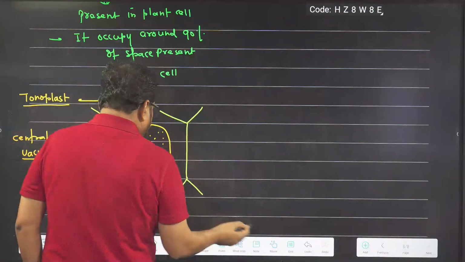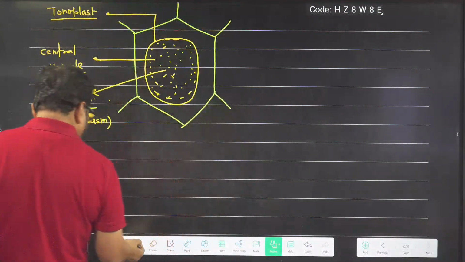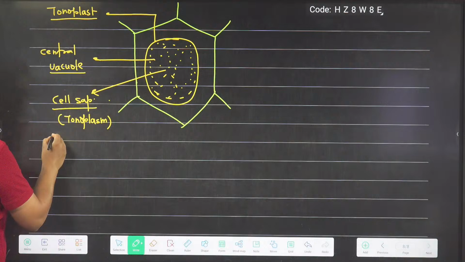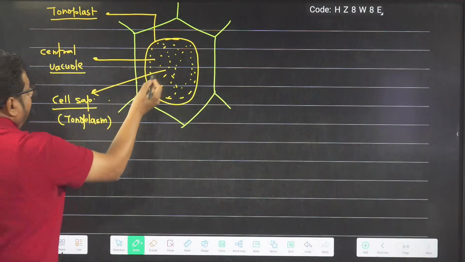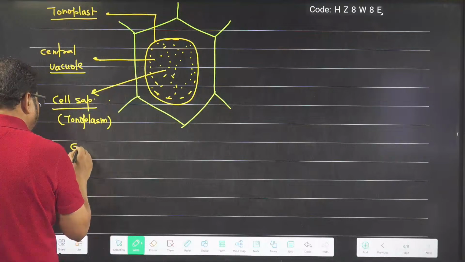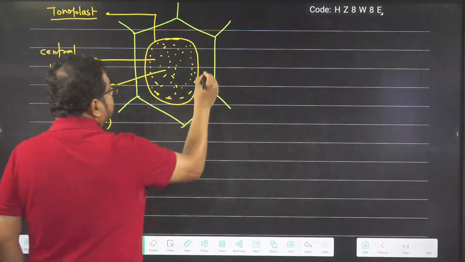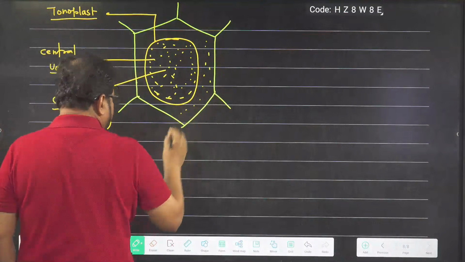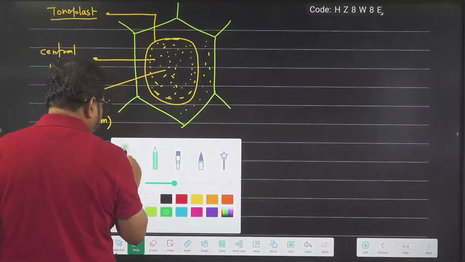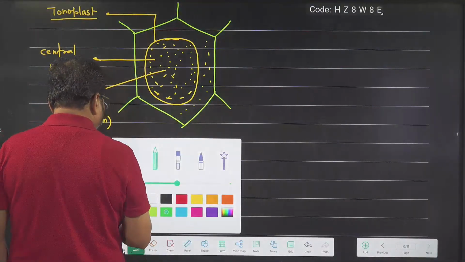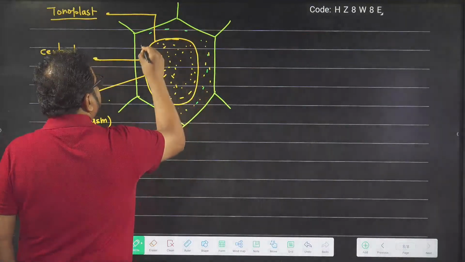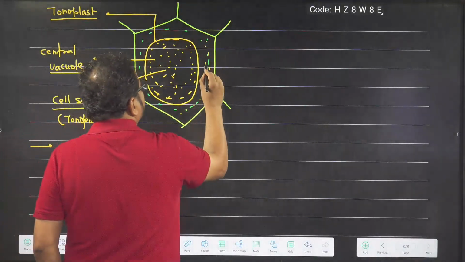Got the idea? So what are the compositions of the cell sap? In this vacuole, excess water is there. And the fluid outside is called cytoplasm. I am just telling you the differentiation between cytoplasm and cell sap.